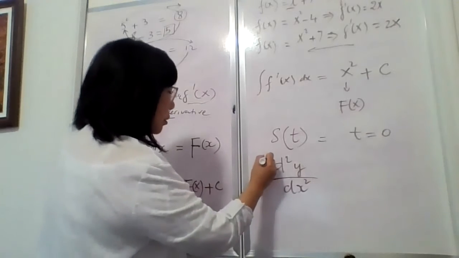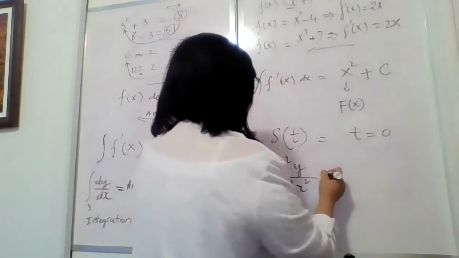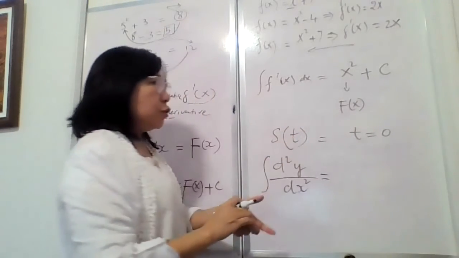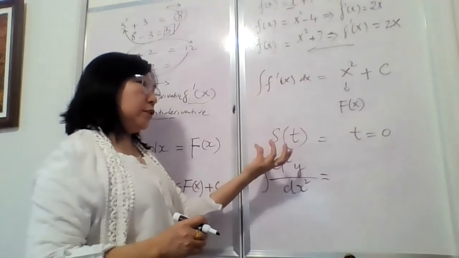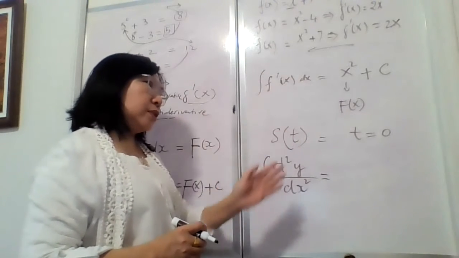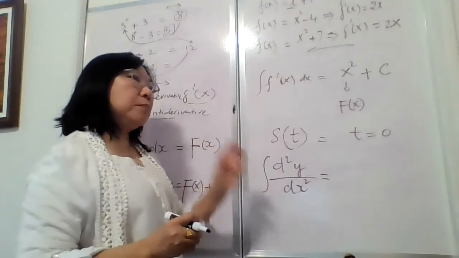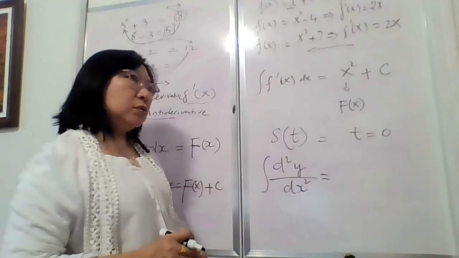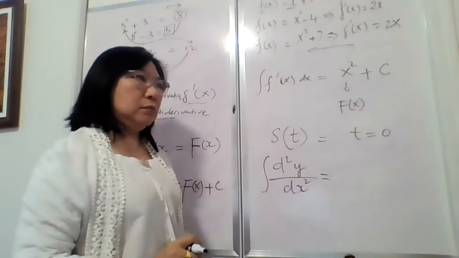If you take the integration of this, it will give you back the original. Remember, in the motion I talked about in the first course, this is the position function. And when you throw the ball to the sky, your initial velocity could be very fast, or very slow, or you're not throwing it, you just drop the ball.